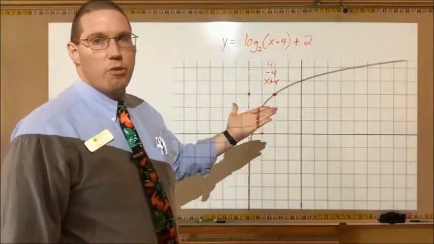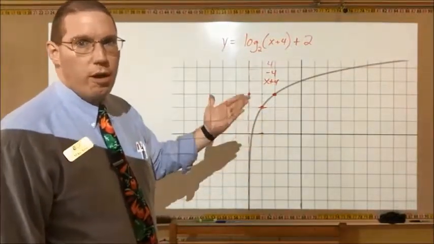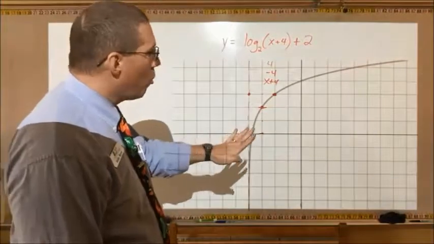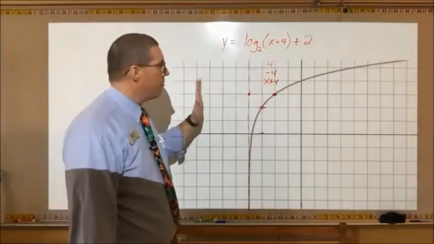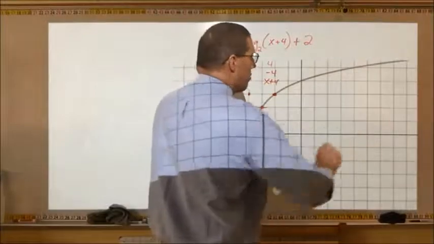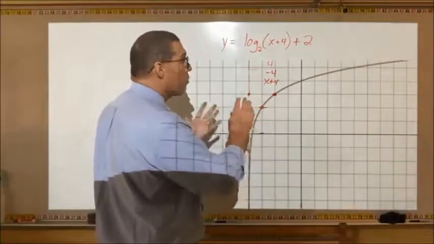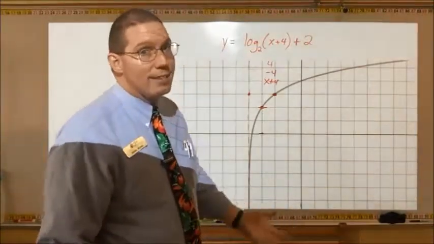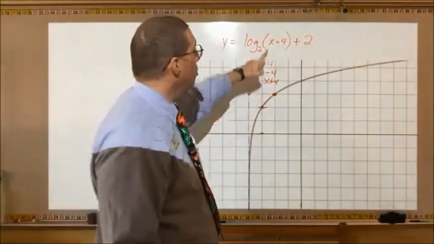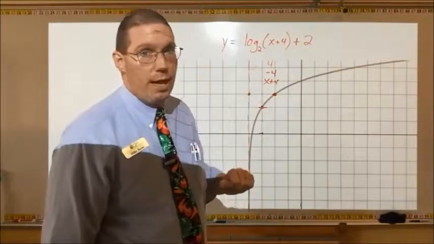Lastly, is this graph backwards or is it upside down? Backwards would mean that it is on the left side of the asymptote, because logarithmic functions are normally on the right side of the asymptote. This graph is on the right side of the asymptote, so it is not backwards. Therefore, we will not put a negative in with the x.